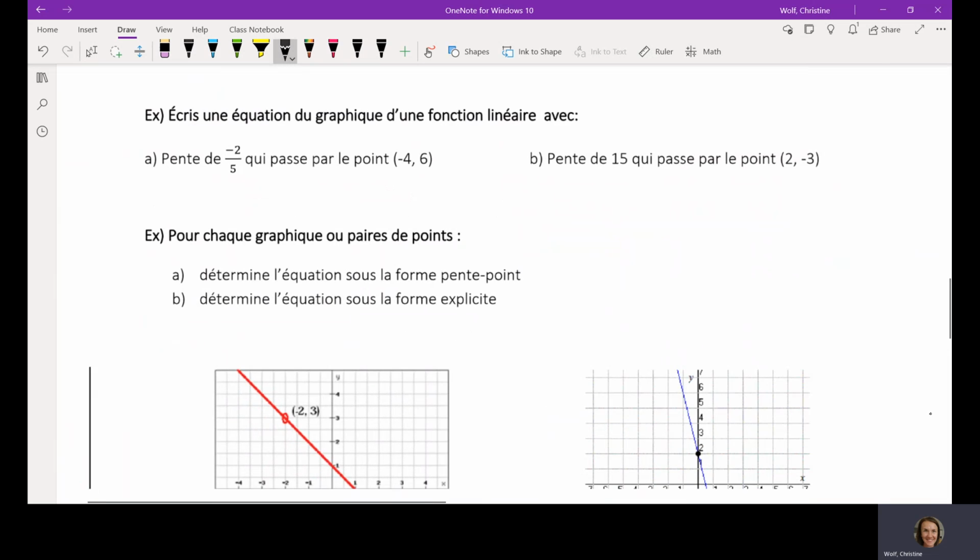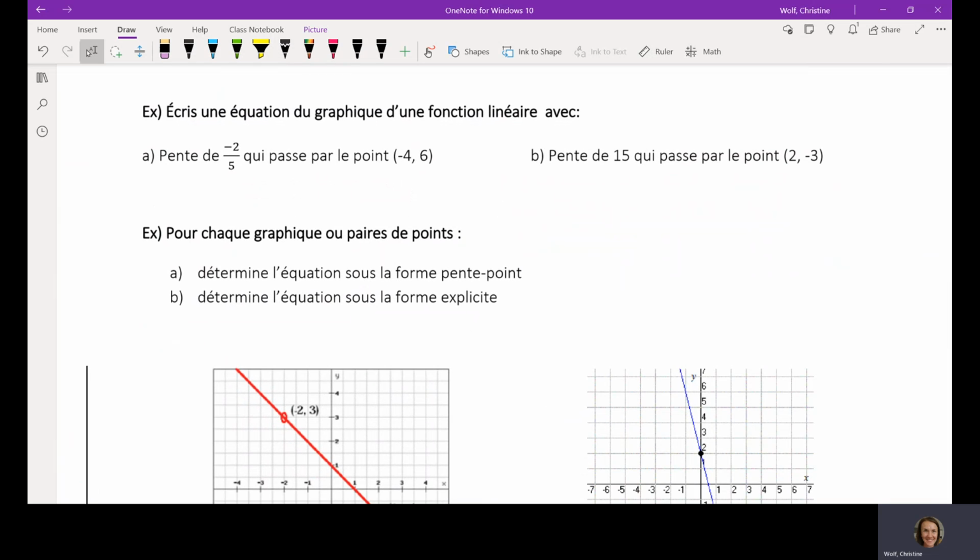Ici, écris une équation du graphique d'une fonction linéaire avec une pente de -2 sur 5, et ça passe par le point -4, 6. So all I'm doing now is giving you the info, you create the equation. Simple. So on commence toujours avec un y.